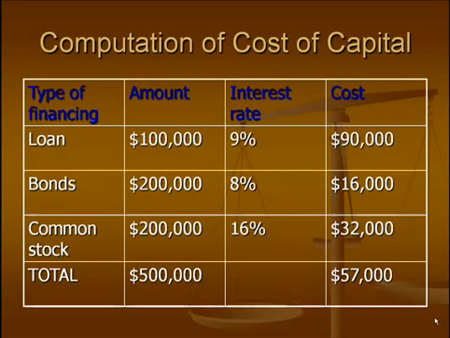For the bonds, 200,000, 8% is 16,000. For the common stock, you issue 200,000. The interest rate, which is the cost of the common stock, which is the dividends you pay, is around 16%, so it's 32,000. So for the total financing of 500,000, the cost is 9,000 plus 16,000 plus 32,000, which is 57,000.